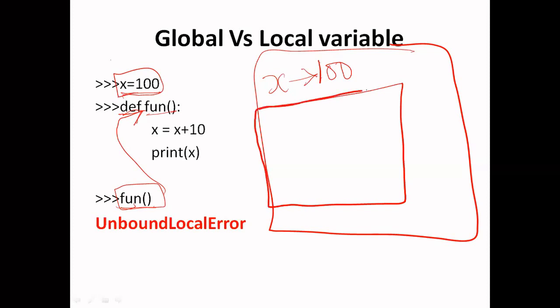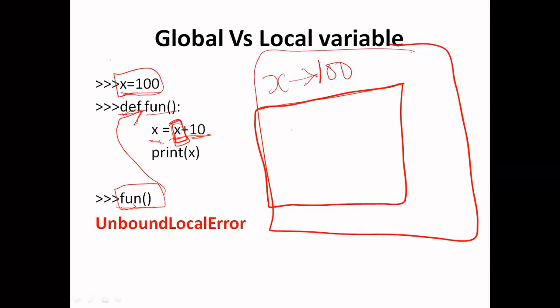So a local namespace is created, and inside this local namespace I am writing x equals x plus 10. That means we are updating the variable x with x plus 10, so it needs a value of x. This variable x will be searched inside this function, inside this local namespace.